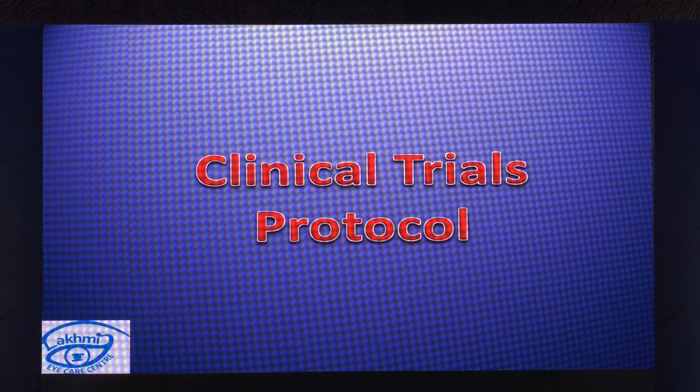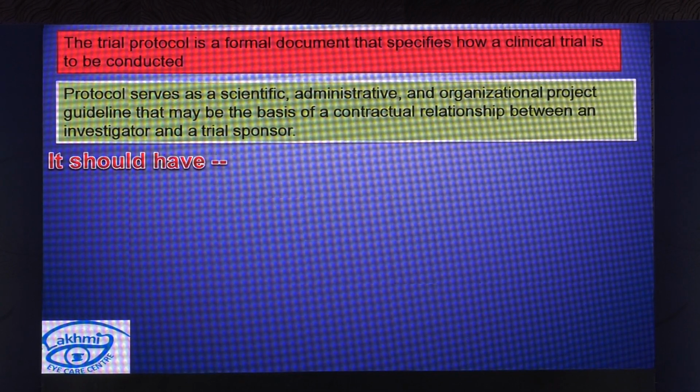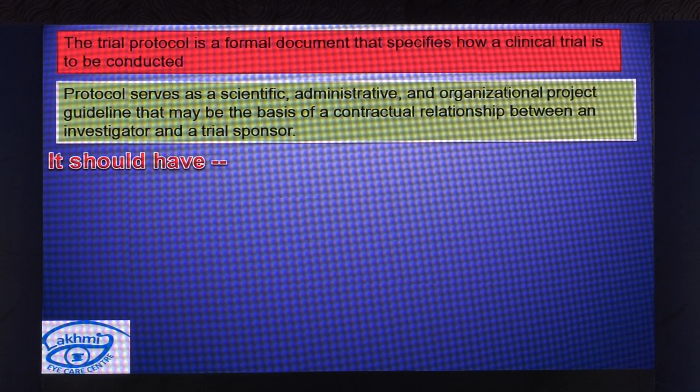The clinical trial protocol. The trial protocol is a formal document that specifies how a clinical trial is to be conducted. The protocol serves as a scientific, administrative, and organizational project guideline that may be the basis of a contractual relationship between an investigator and a trial sponsor.